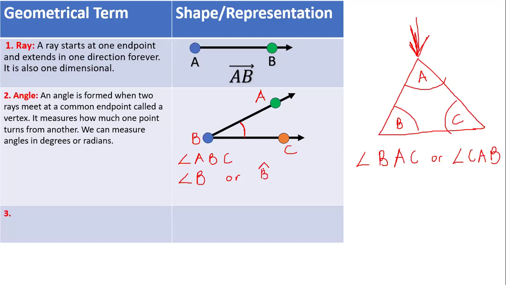There's a bunch of different ways, but every time we represent it with the three letters, the one in the middle is what we're referring to. So please remember that. Whatever's in the middle is how we would represent it.